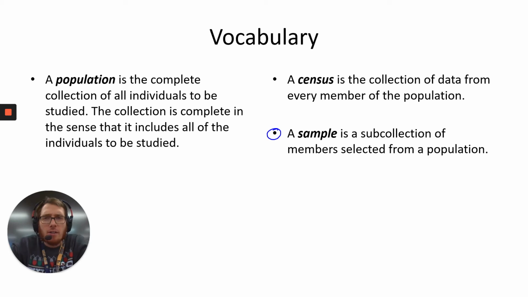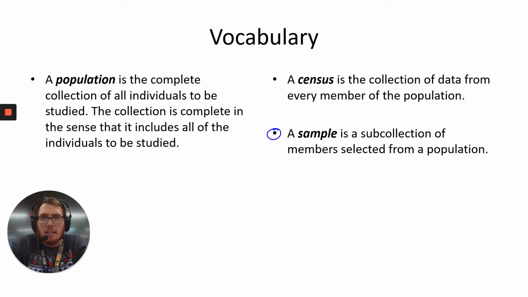A population is a group of individuals that are being studied. The collection of information on all of those individuals would be what's known as a census. Think about the U.S. Census taken every 10 years. The goal is to collect information about all the citizens of America at that point. But if you can't collect data on everyone, so we don't do a census every year, then what you're looking at is a sample.